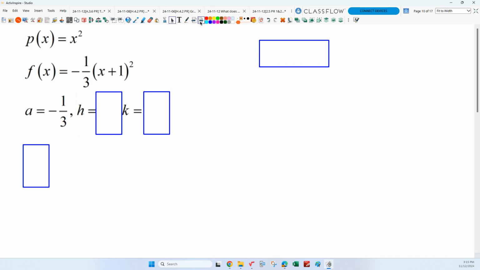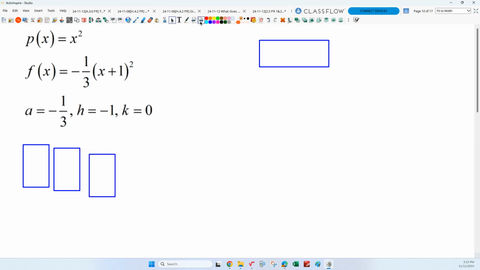What's H? -1. And what's K? Nothing, meaning 0. So that tells us that the vertex of that parabola would be at -1, 0, right? So we know how to graph this thing. Even though we haven't graphed parabolas yet, that gives us a roadmap to graphing this parabola, right?